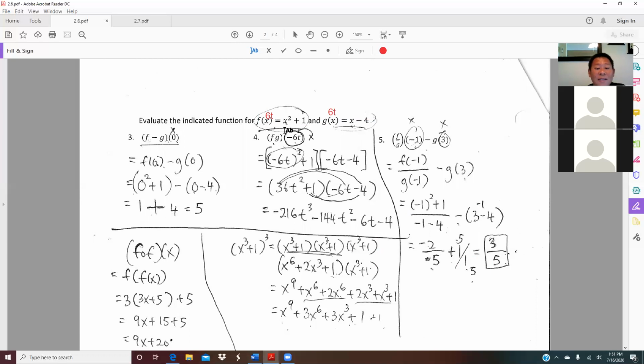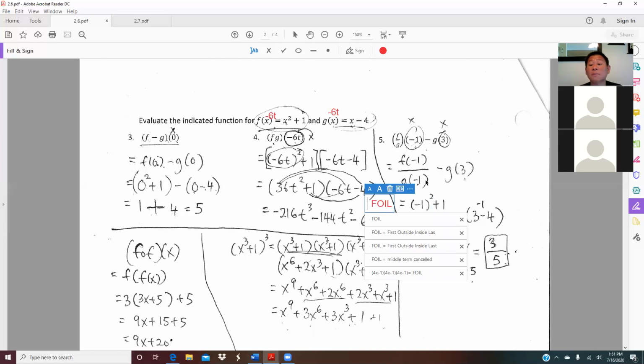So when you plug negative 6t in the f here, you will get negative 6t squared plus 1. That will give us 36t squared plus 1. And then when you plug negative 6t over here, you get negative 4. And then after that, you just simplify it out, and you will get your answer.